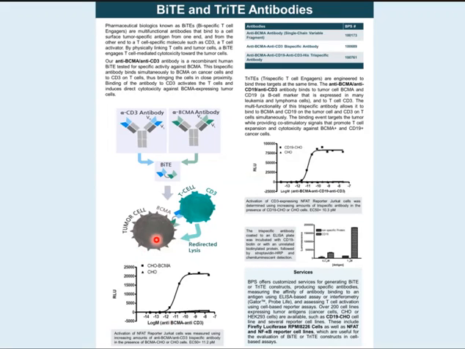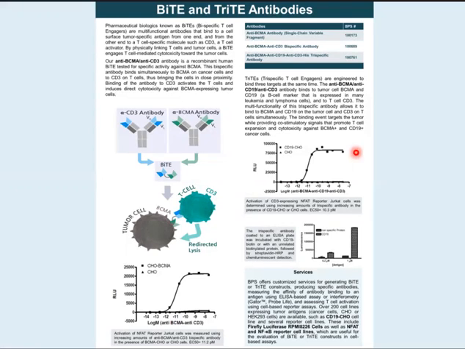Our trispecific antibody is designed to bind CD3 on T cells and both BCMA and CD19 on the tumor cells. This graph, for example, illustrates an experiment in which CD19 overexpressing CHO cells were co-cultured with CD3 positive Jurkat reporter cells, and then the trispecific antibody was added.